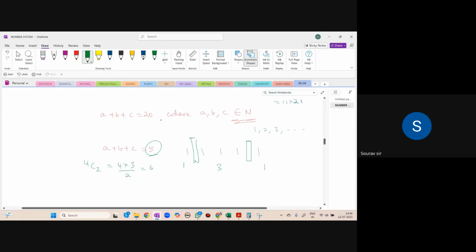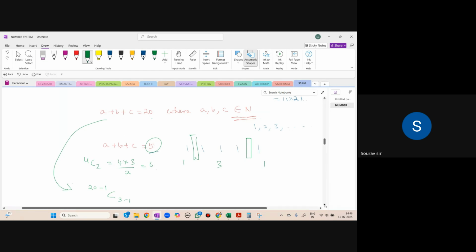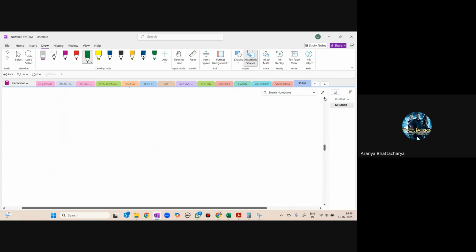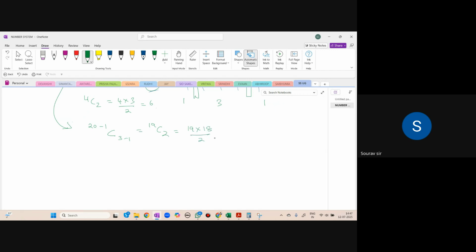So if the number is 20, this would be 20 minus 1 gaps, C, 3 minus 1, because you have to divide into 3 places. So which is 19C2, 19 into 18 by 2, which is 19 into 9, 171. Is it clear?